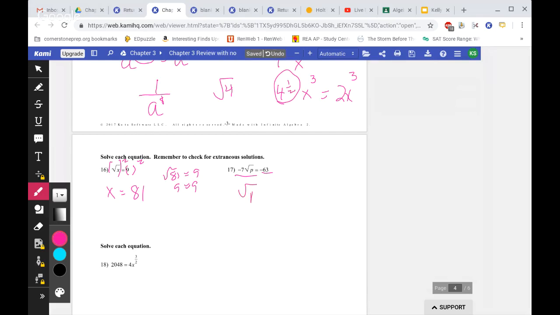If you divide both by -7, you would have the square root of p equals 9. And then you square both sides. And you get p equals 81. Seems to be a theme.